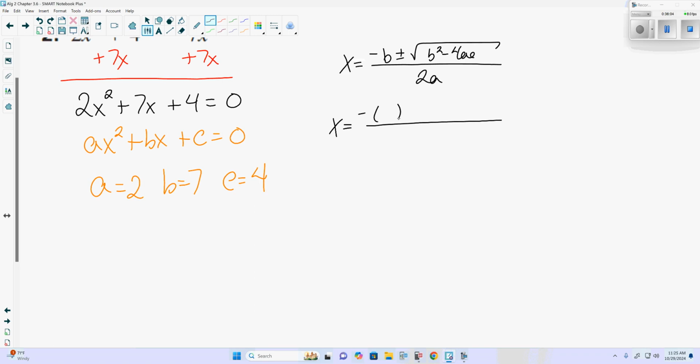Now we just need to plug the values of A, B, and C in. So we'd have negative 7 plus or minus the square root of 7 squared minus 4 times A times C all over 2A.